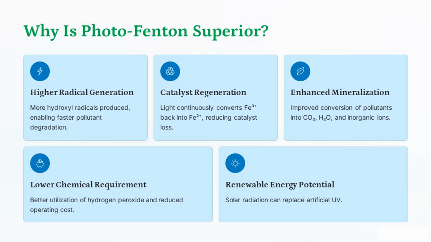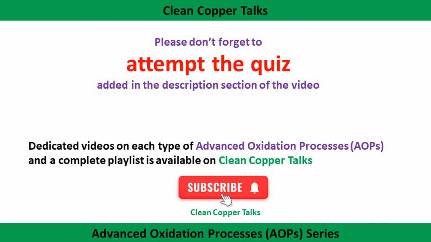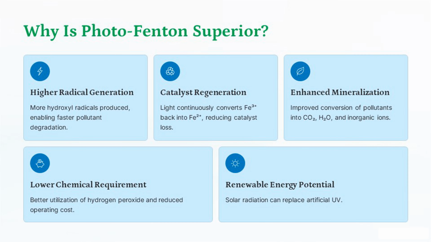Instead of merely transforming pollutants into intermediate compounds, it converts many of them completely into carbon dioxide, water, and harmless inorganic ions. Another advantage is lower chemical consumption. Since the catalyst is continuously regenerated, hydrogen peroxide is utilized more efficiently. Perhaps the most exciting benefit is that solar energy can replace artificial ultraviolet lamps, making the process more sustainable and energy efficient.